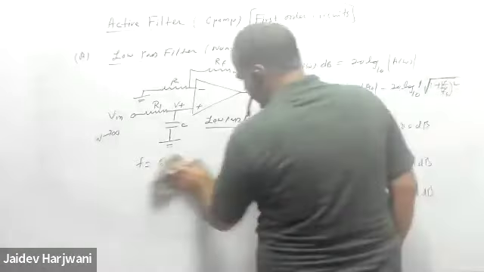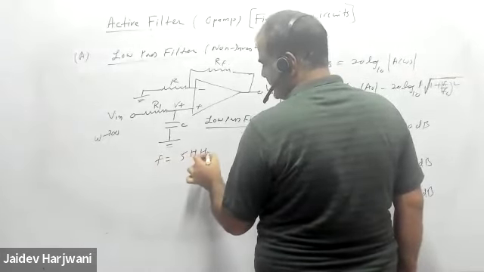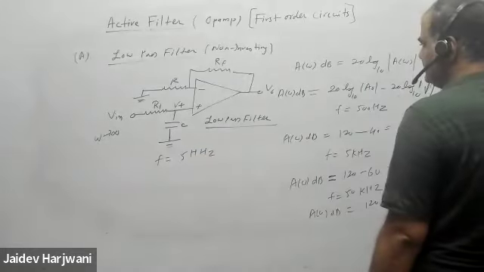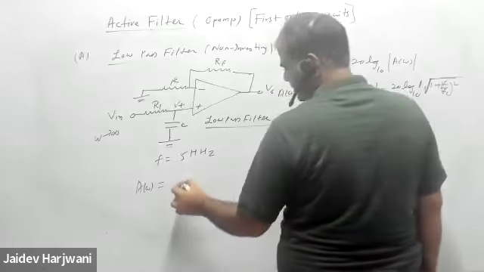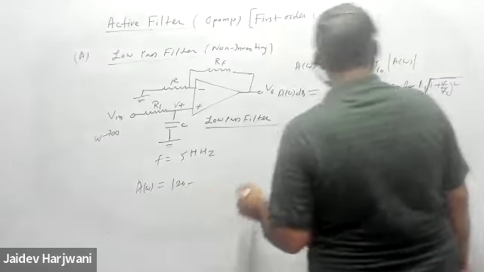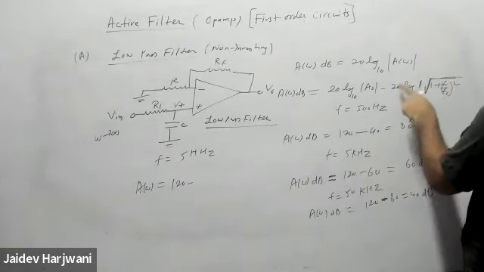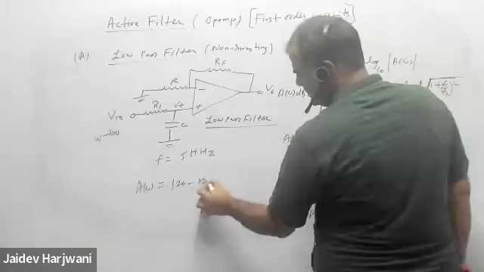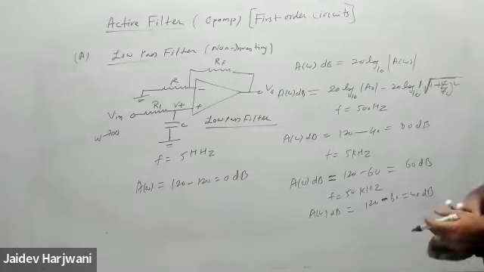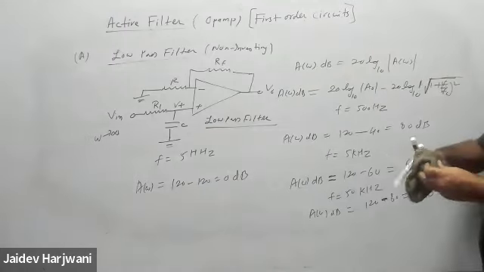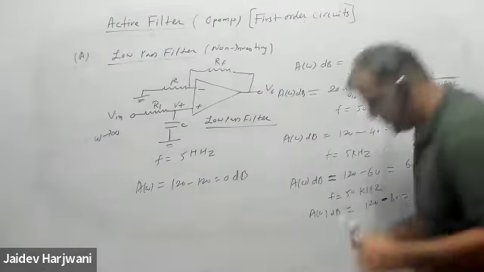And now if my frequency is 5 megahertz, tell me what is the gain? 120 minus, this is 10 raised to power 6, so 120, which gives 0 dB. So now let me plot this curve and see what information we get.